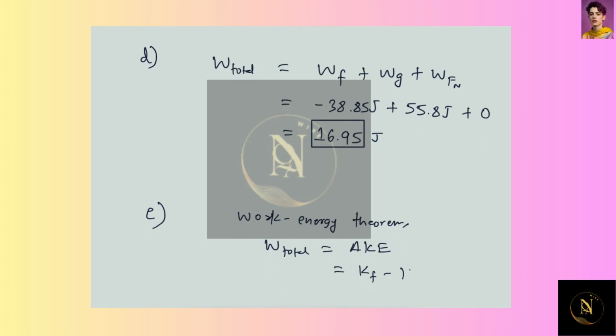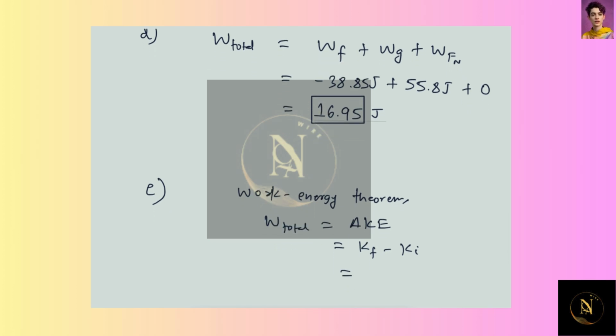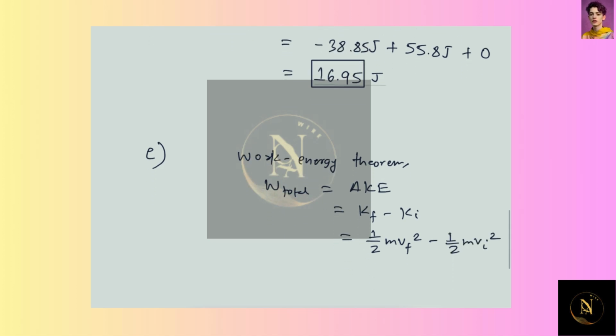Change in kinetic energy is final minus initial kinetic energy. Final kinetic energy is the kinetic energy at the bottom, and initial kinetic energy is the kinetic energy at the top.